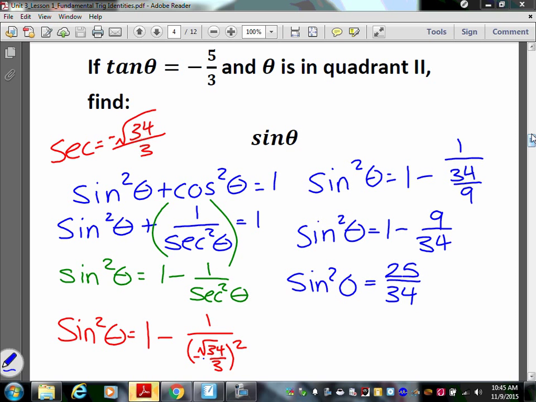I think I did it different in the last class. It's still relatively complicated. 1 is the same as 34 over 34. 34 minus 9 is 25. And then last but not least is to square root everything.